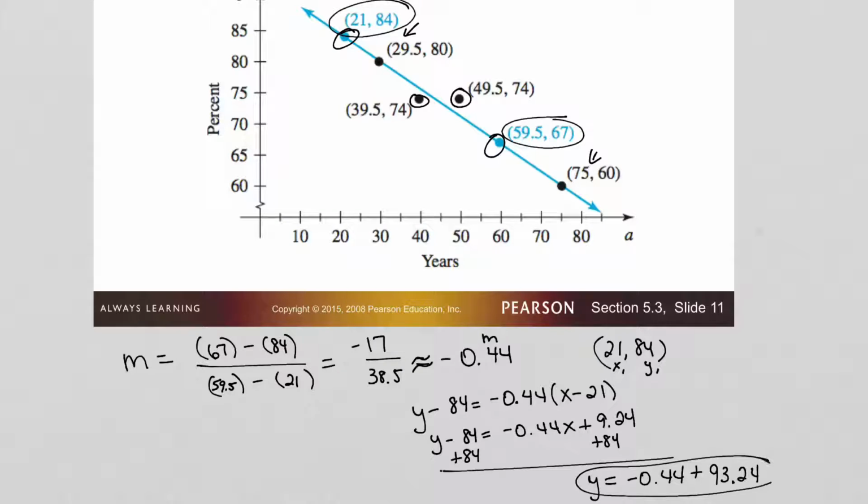All right, there we go. There's our equation of the line. Y is equal to negative 0.44. Ooh, look what I did. I left off my x. That's important. Don't forget your x. I do take off points for that. Negative 0.44x plus 93.24.